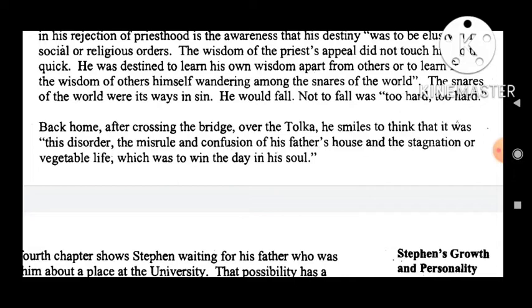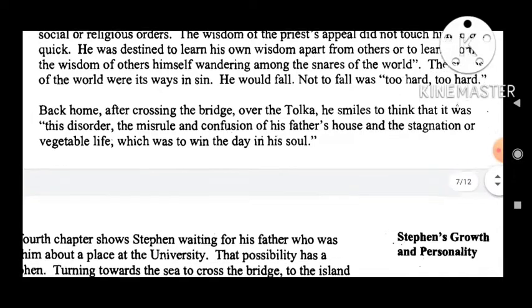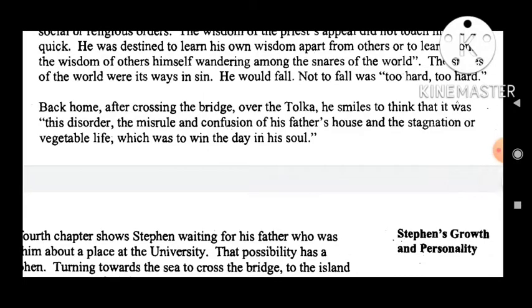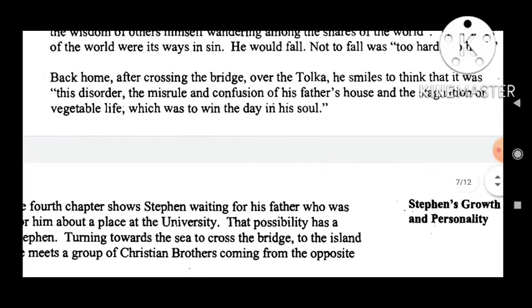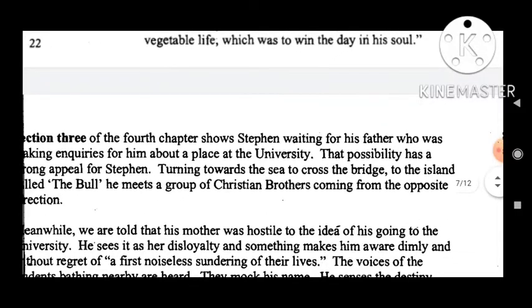The snares of the world were its ways in sin. He would fall. Not to fall was too hard. Back home, after crossing the bridge over the Tolka, he smiles to think that it was disorder, the misrule, the confusion of his father's house, and the stagnation or vegetable life which was to win the day in his soul.